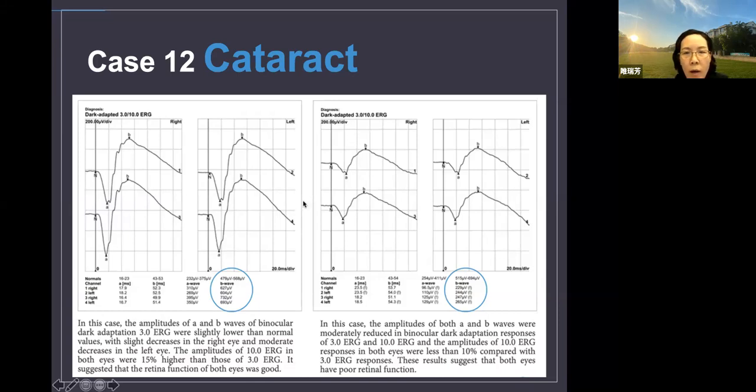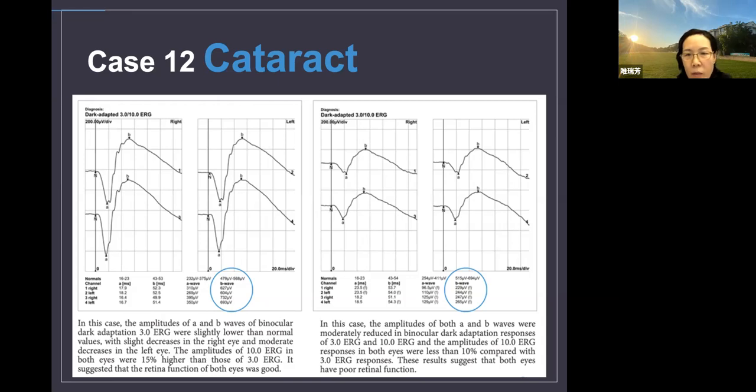We use ERG as a functional assessment, and to tell the patient whether the cataract is the only cause of visual impairment, or whether they also have other retinal and optic nerve abnormalities, we do VEP and ERG. We can give them an explanation of how the visual acuity will improve after cataract surgery.